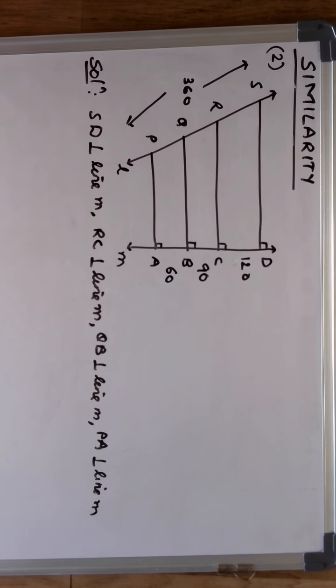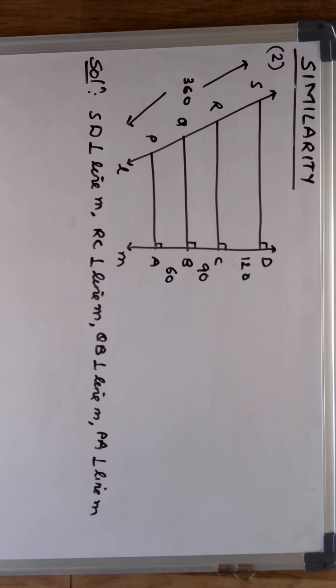Now, you can see that all these perpendiculars are on the same line. If there are two perpendiculars, or even more, but we will talk only about two right now, drawn on a line, then those two perpendiculars must be either one and the same or parallel to each other.